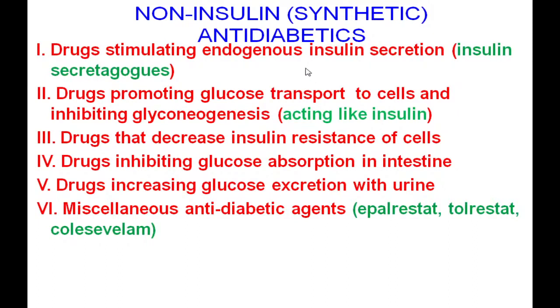Third group, drugs that decrease insulin resistance of the cells. Fourth group, drugs inhibiting glucose absorption in intestine. Fifth group, drugs increasing glucose excretion with urine. And sixth group, different miscellaneous anti-diabetic agents.